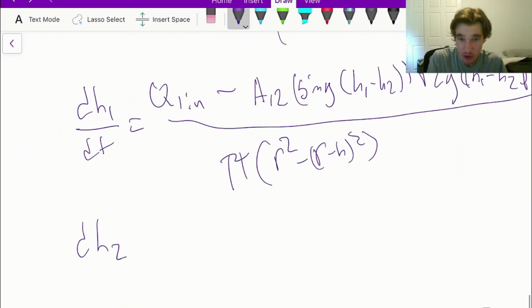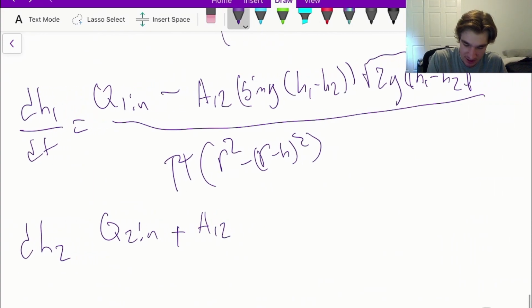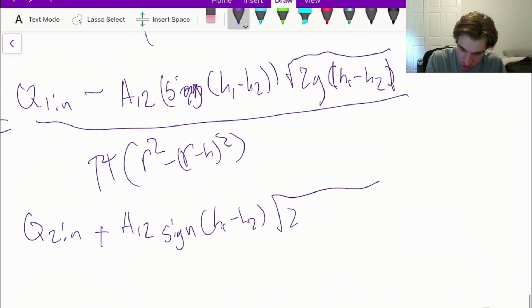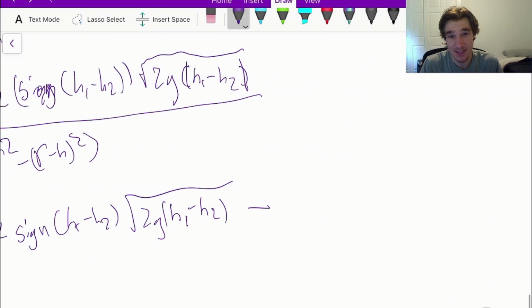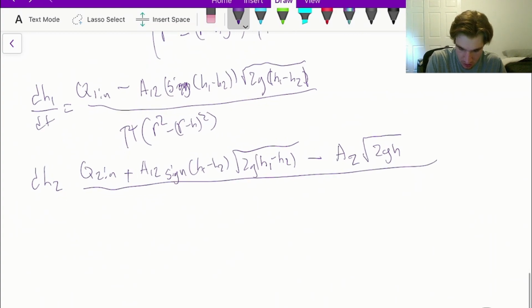And then for dh2, same thing goes. q2 in minus, or plus in this case, a12 times the sign, not sing, of h1 minus h2 times the square root of 2g, absolute value of h1 minus h2, minus the out flow rate, which is a2 square root 2gh over pi.